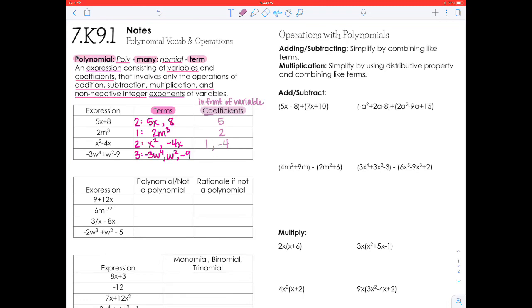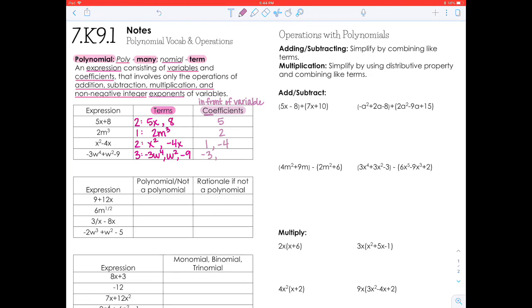Negative 3w to the 4th power plus w squared minus 9. We have 3 terms, but only 2 of them have variables. So we're only going to have 2 coefficients. Negative 3 is the first one in front of the w to the 4th power.